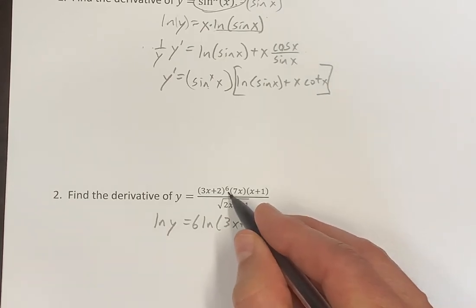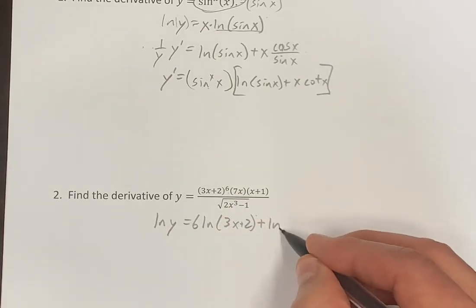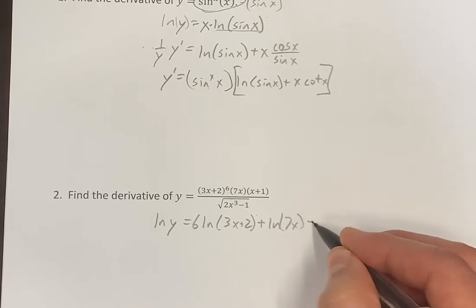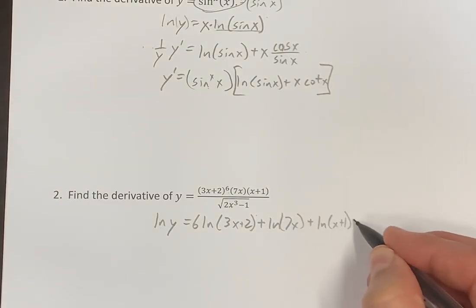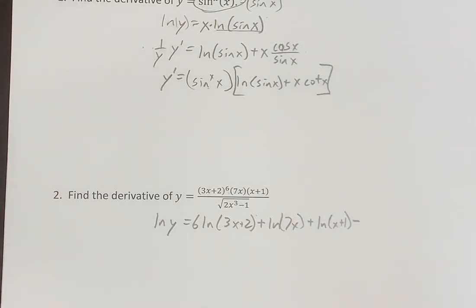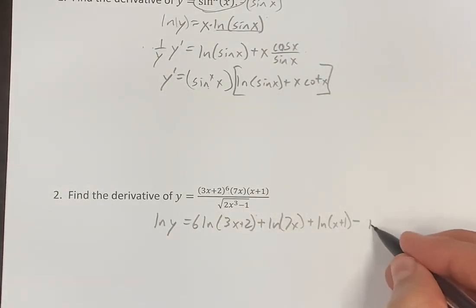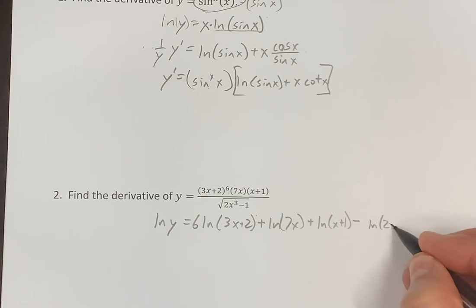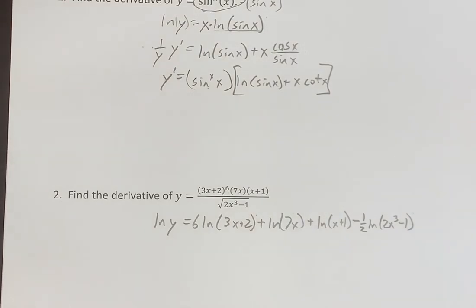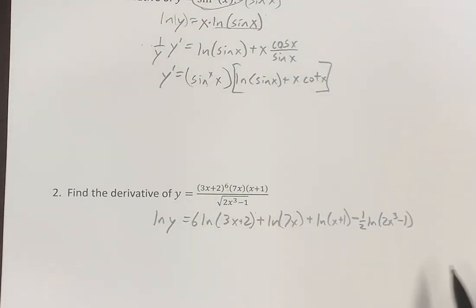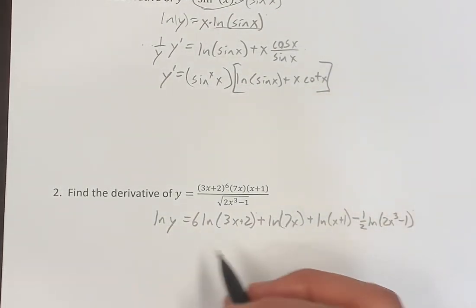This is natural log of 7x plus natural log of x plus 1 minus, because it's in the denominator, natural log of 2x cubed minus 1 to the 1/2 power, and you can pull that out in front. So the log properties change these, so you've just got a bunch of terms added and subtracted.